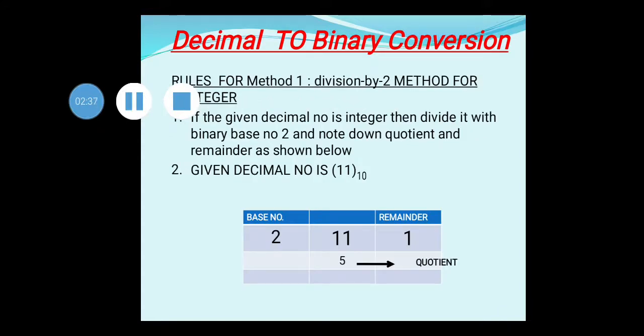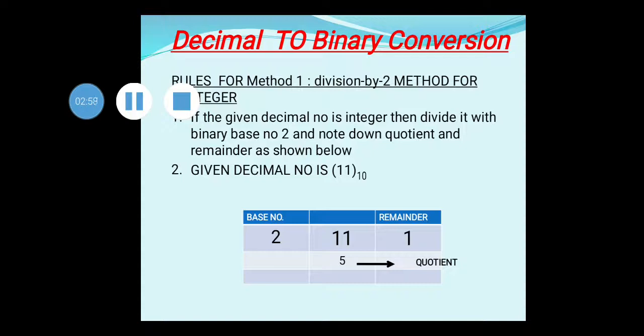So now we'll start with decimal to binary conversion. That means the decimal number will be given to you and you have to convert that into a binary number. So the first rule we are going to follow, the first method. There are certain rules to follow for the conversion.